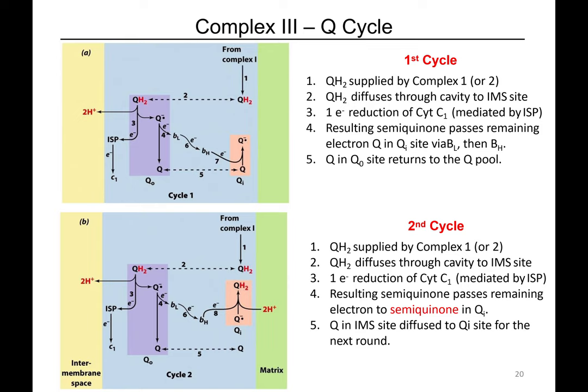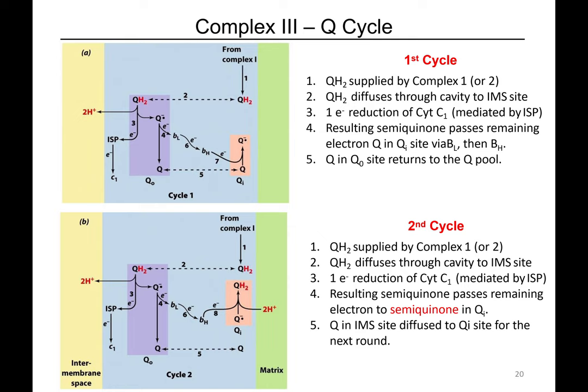The other electron, it passes over to the QI site. And it does this by passing electrons through our two B-type hemes. First to the low affinity, then to the high affinity, but ultimately giving that electron to the coenzyme Q that's present in the QI site, creating the singly reduced semiquinone.